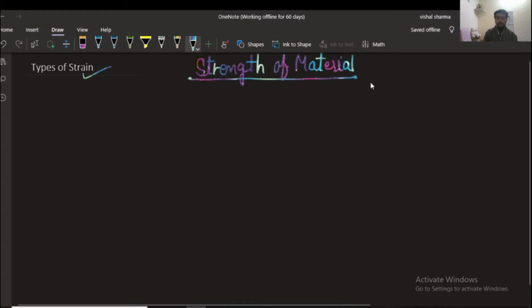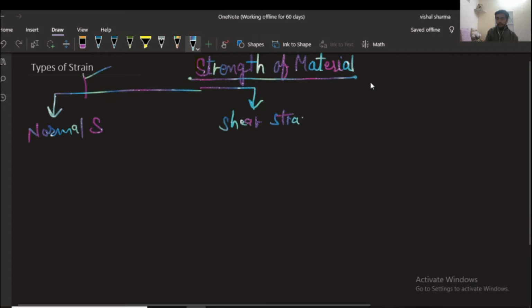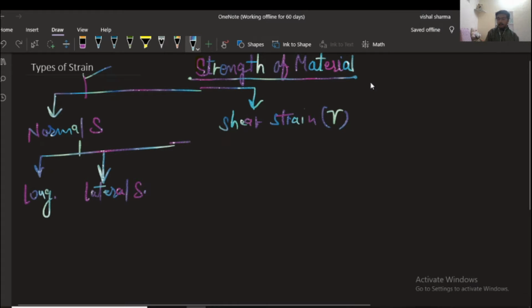The types of strain can be divided into two parts. The first one is the normal strain, and the second one is the shear strain. Normal strain and the shear strain. The shear strain is given by gamma. The normal strain can be further divided into three parts: longitudinal strain, lateral strain, and the third one is the volumetric strain.